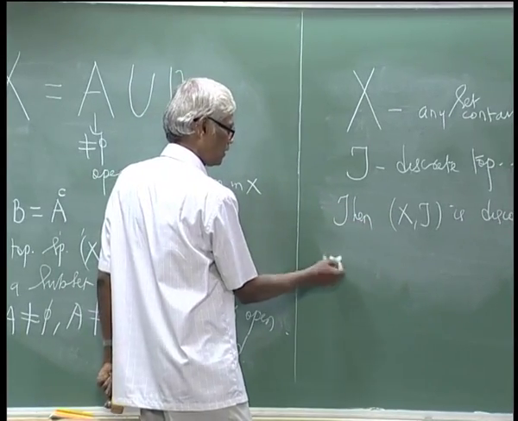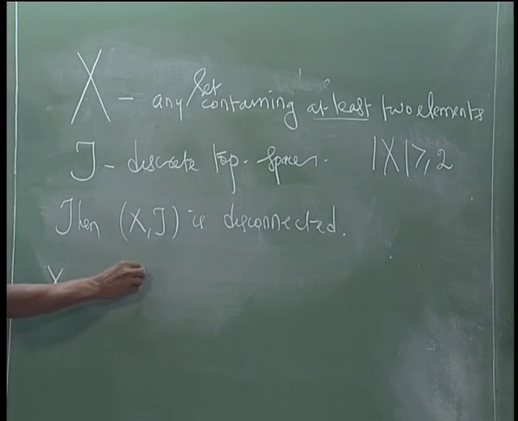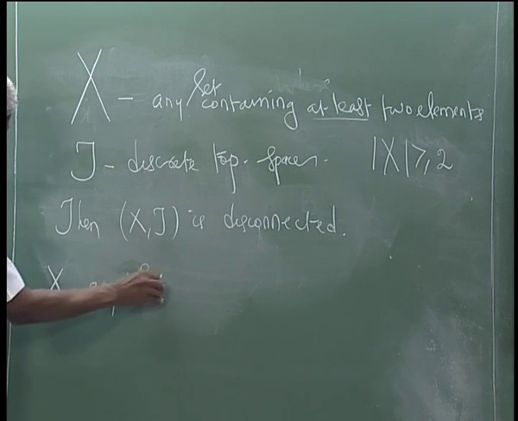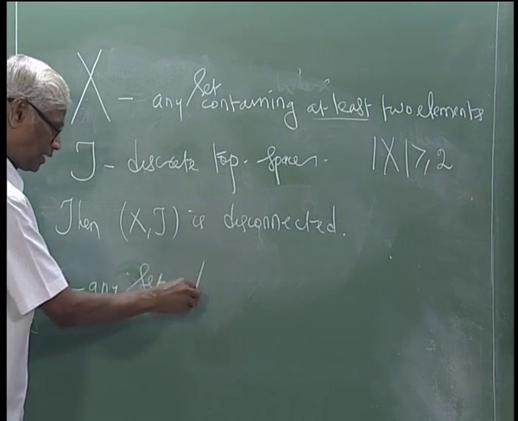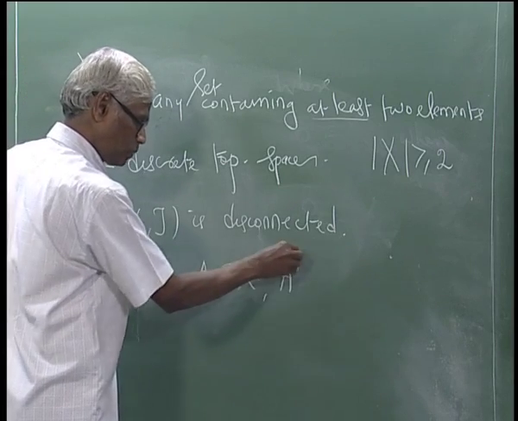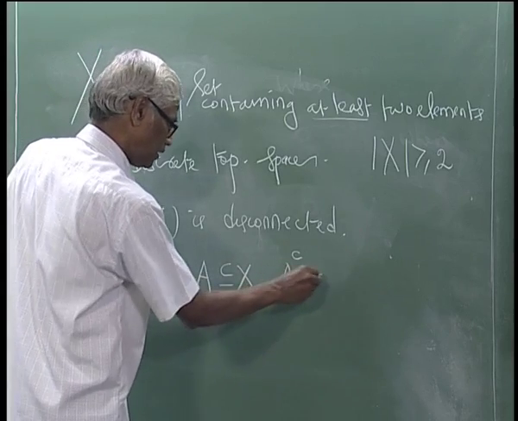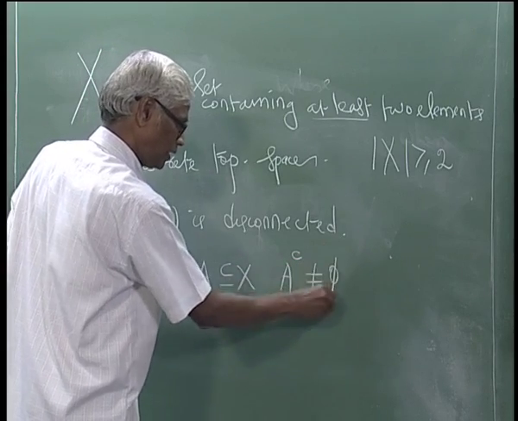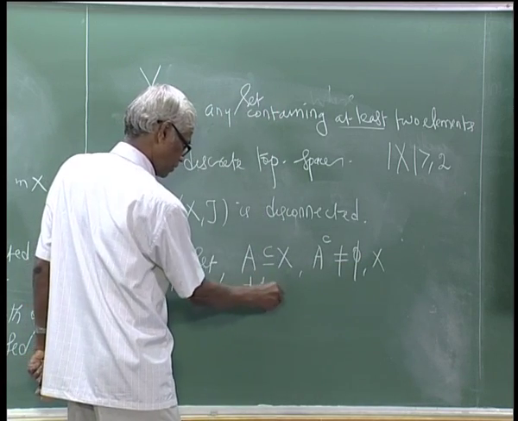Another simple example: take X any set, and suitably choose a subset A of X, such that A complement is also non-empty and not equal to X, so A is also non-empty and not equal to X.